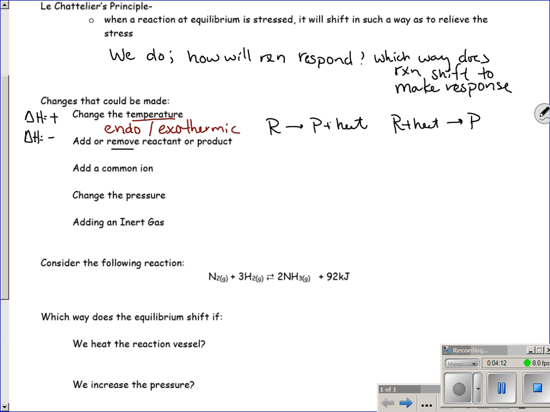So there are a few ways to remove a reactant or product. If it's a gas, you can just evacuate it. As it's formed, you can just let that gas go out of the reaction container. Removing a reactant or product could also mean that you're going to precipitate it out.